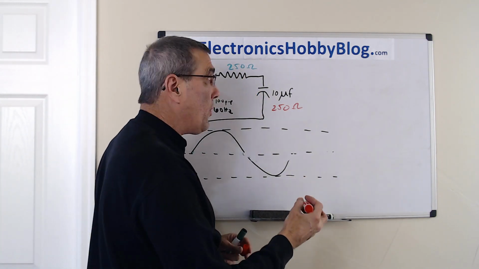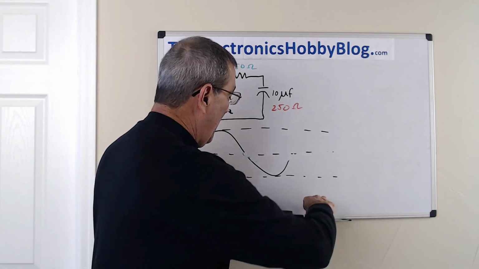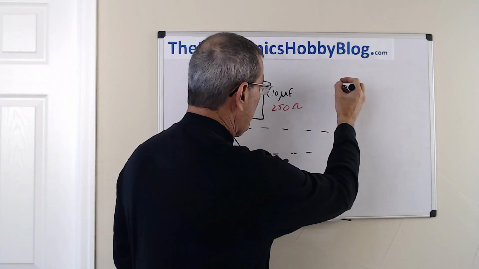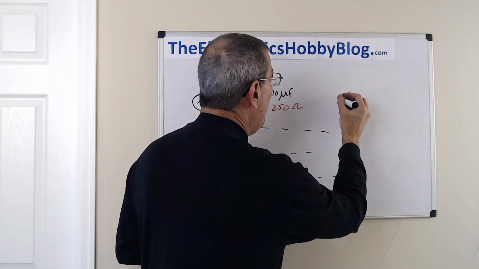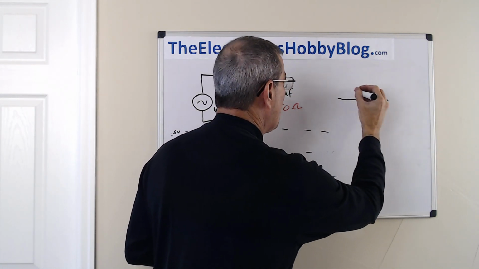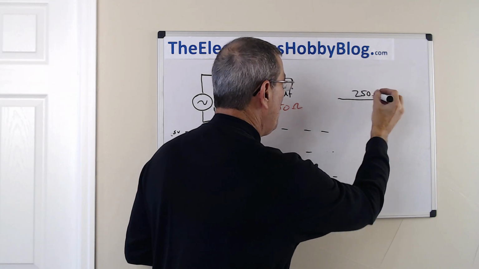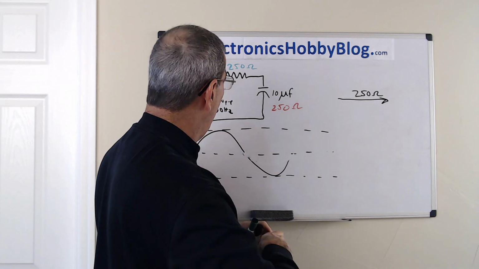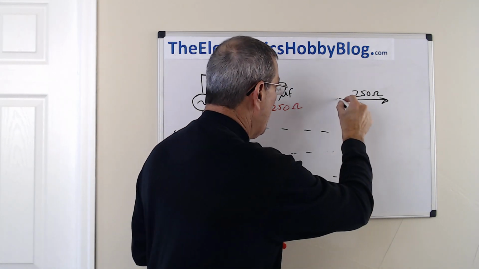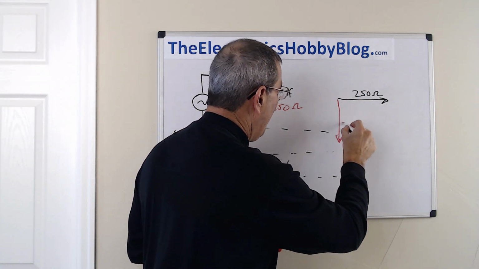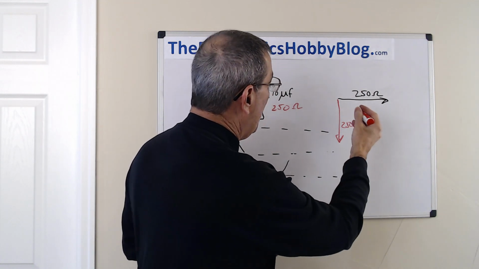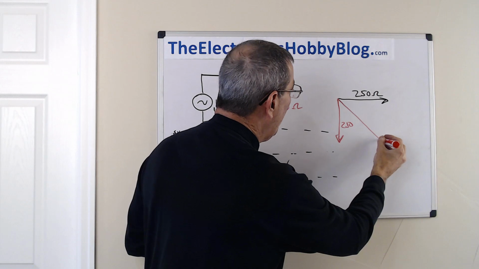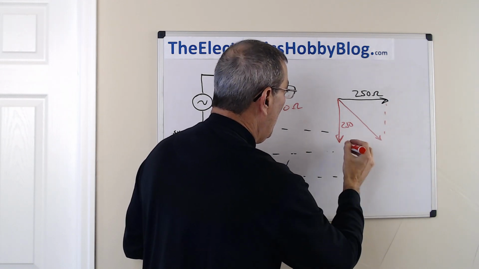And to do that, we look at a vector diagram. And the vector diagram, in this case, for a capacitor, so we have the vector for the resistor, which is 250 ohms. And then we have the vector for the capacitor, which is 250 ohms. And so what we're going to end up with is the resulting vector will be this.